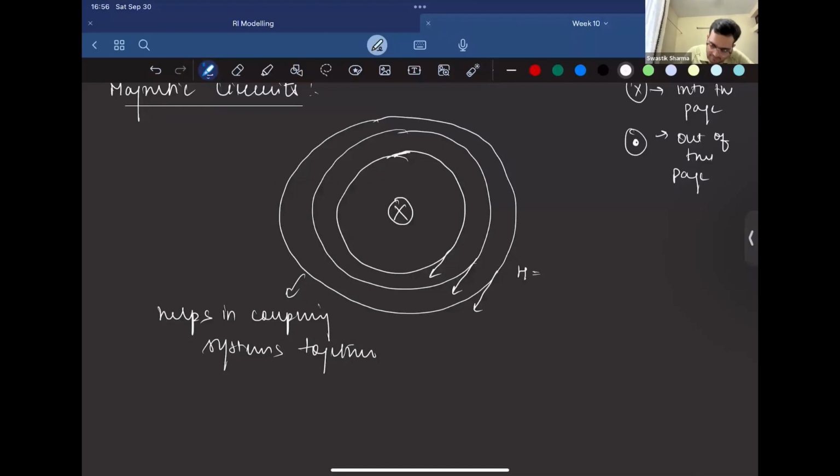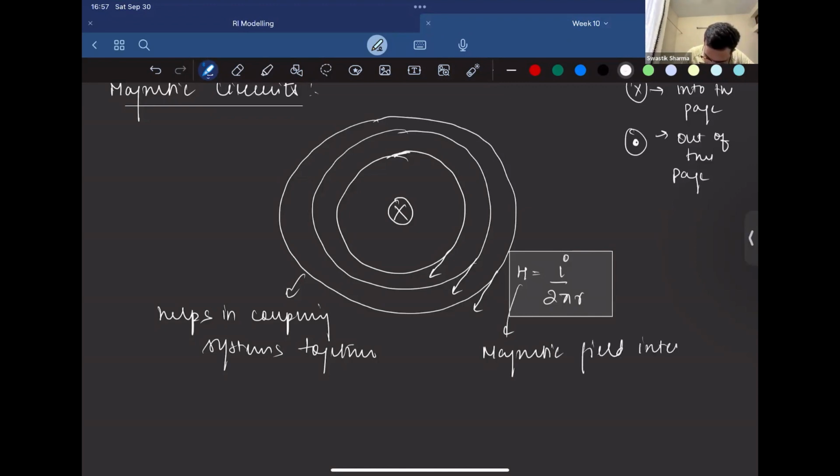It's given by I upon 2 pi r. So this is magnetic field intensity. As r increases, this magnetic field intensity will decrease.